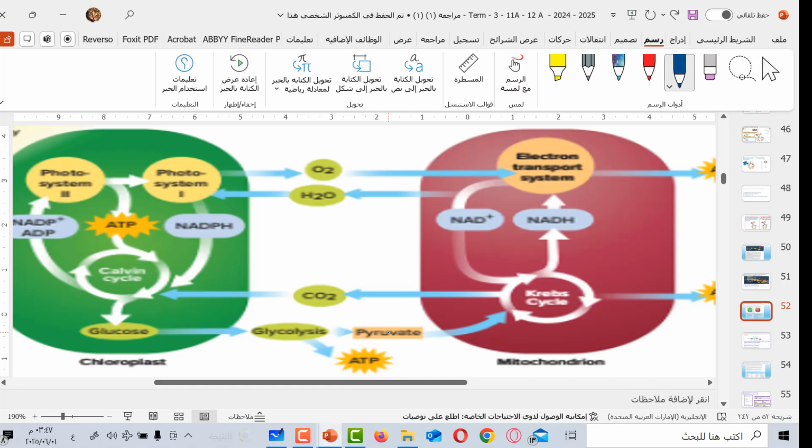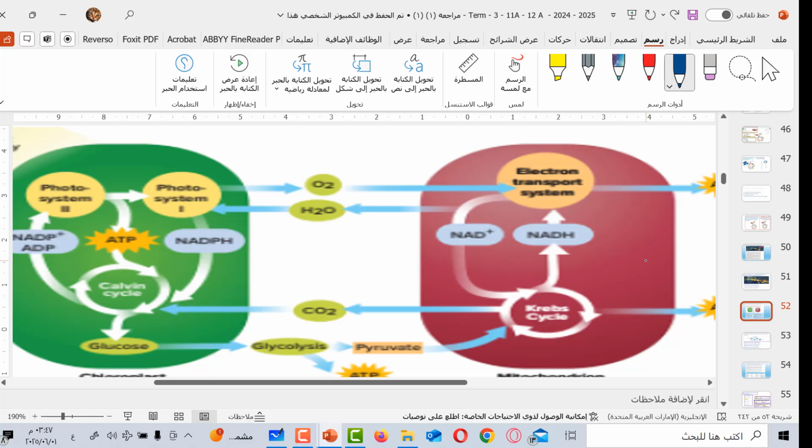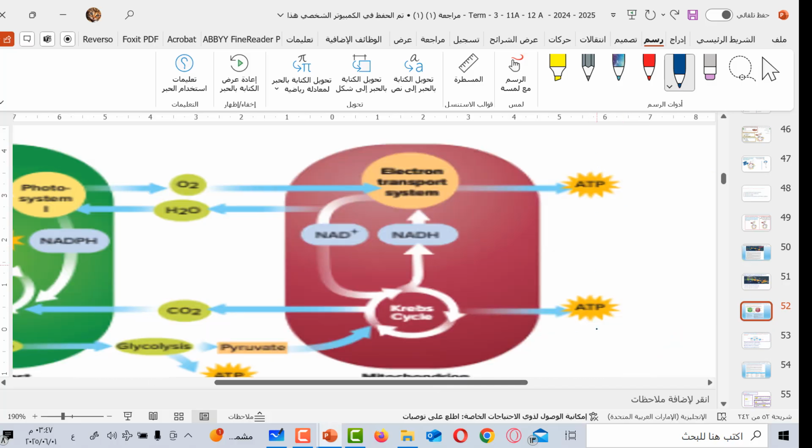Glycolysis produces ATP, and the Krebs cycle and electron chain reaction also produce ATP.